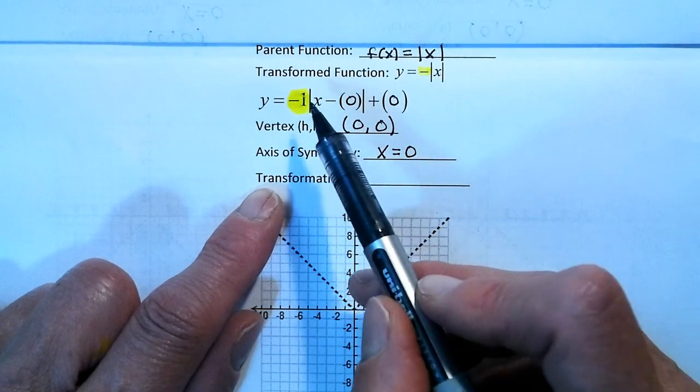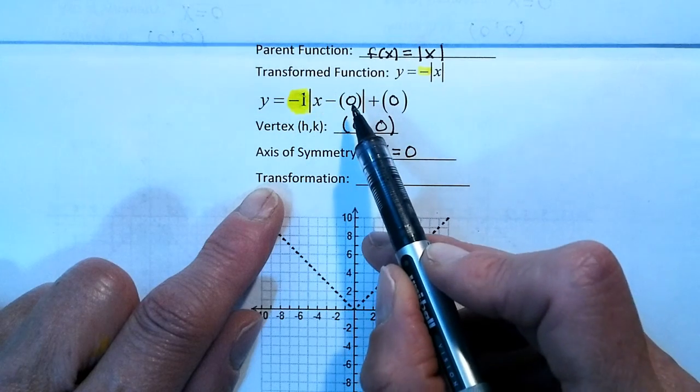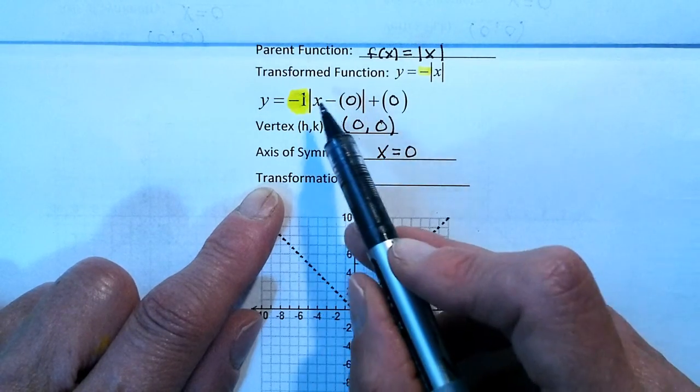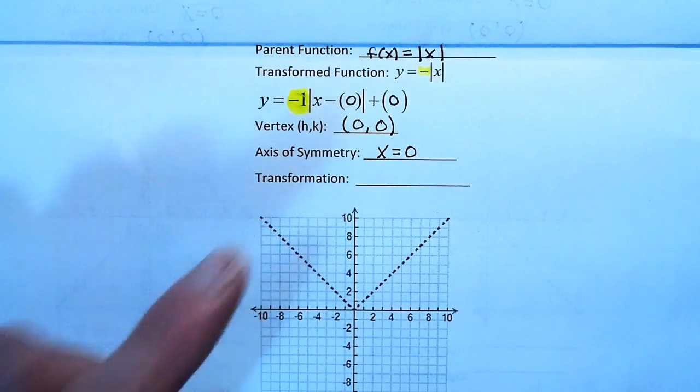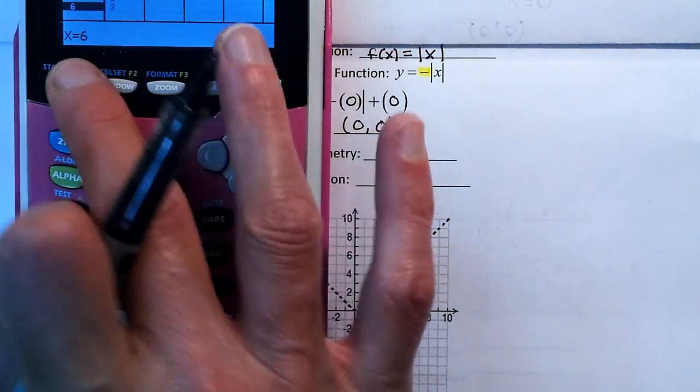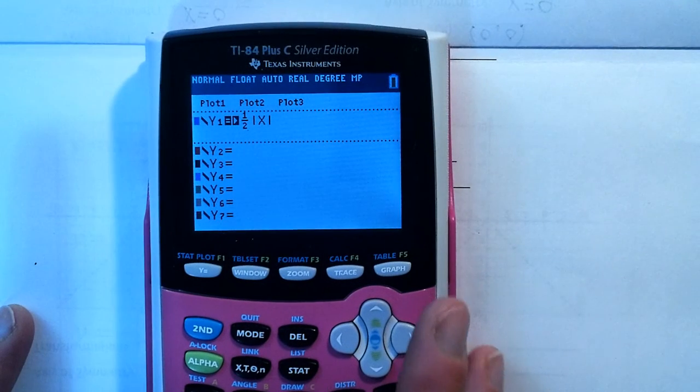So the transformation, what happened? Well, I don't know yet. It didn't go left or right, and it didn't go up or down. But this -1 is probably doing something to it. So let's see what happens. Let's again go to our calculator.